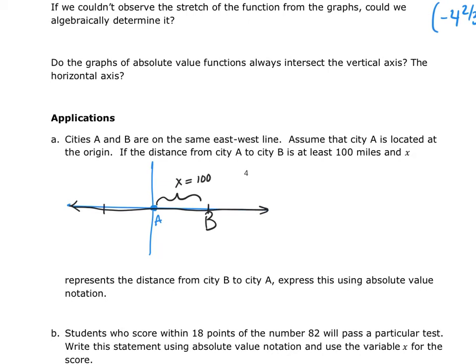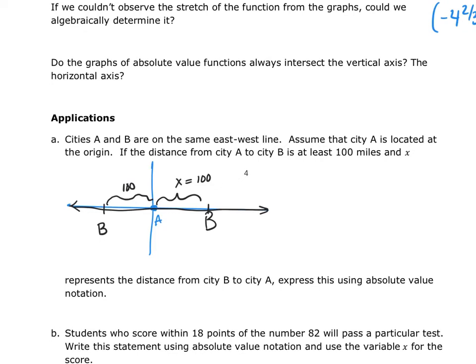But it doesn't tell us where B is. It could be on the left or the right of A. So it could be back here. In this case, it would be x, this distance. This distance is still 100 miles.